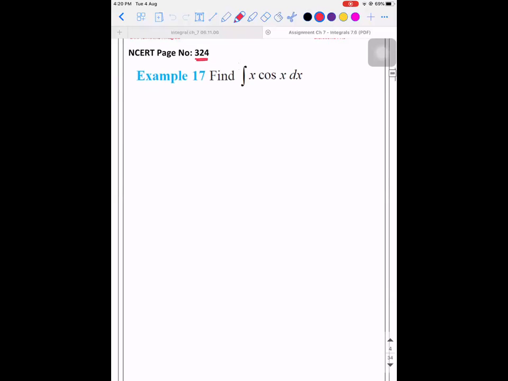Integral of x cos x dx. Tell me which is first, which is second.